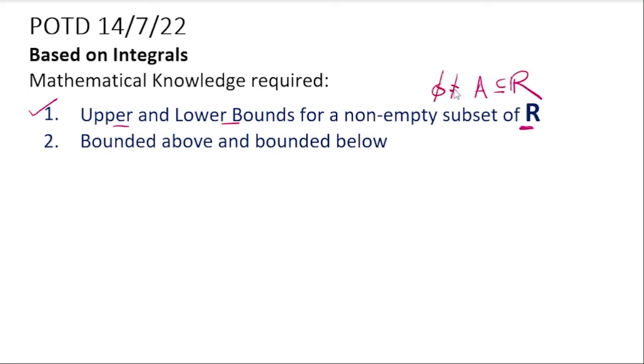Then I should know what it means for an upper bound and lower bound of a set A. And the second important thing I should know is what it means for this non-empty set to be bounded above and bounded below. Okay, let's move ahead.